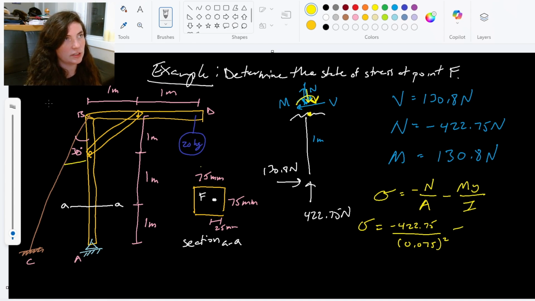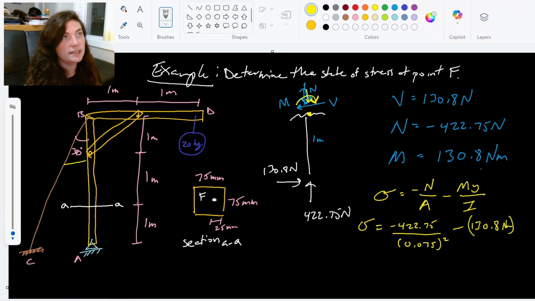And that's just converting the millimeters into meters. And then my bending moment, I wrote that this was in newtons. That's not a unit for moments. It's newton meters. We did multiply by 1 meter. So that is 130.8 newton meters times the distance.